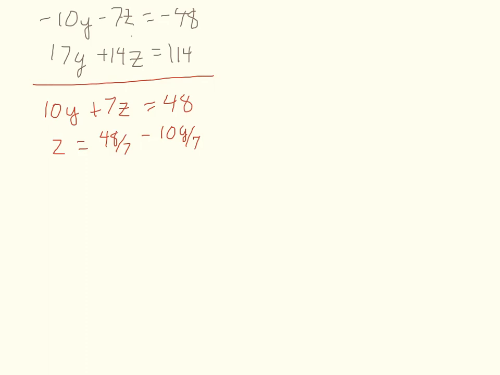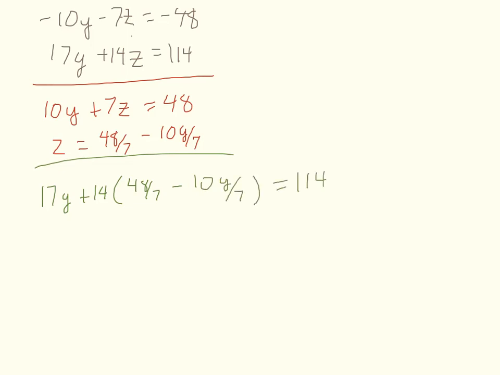So, get a little space here. 17y plus 14 times 48 over 7 minus 10y over 7 equals 114.